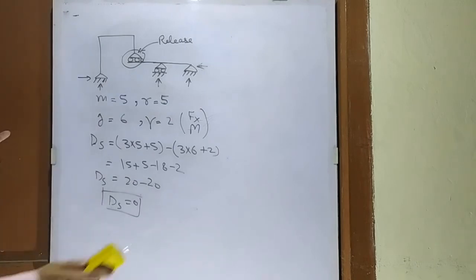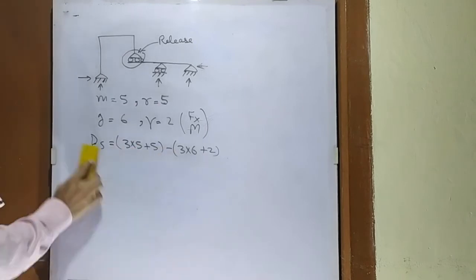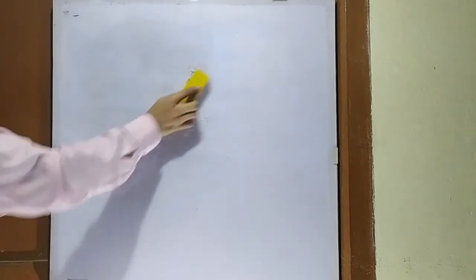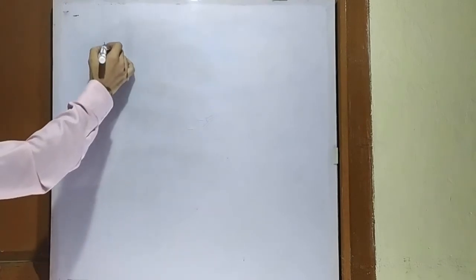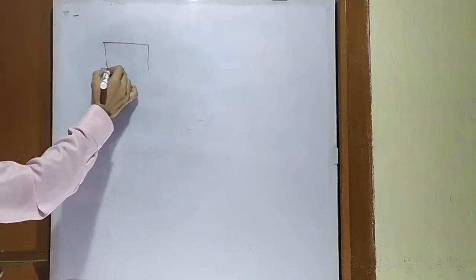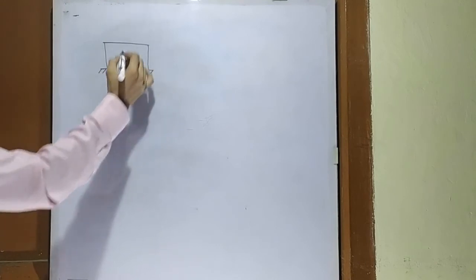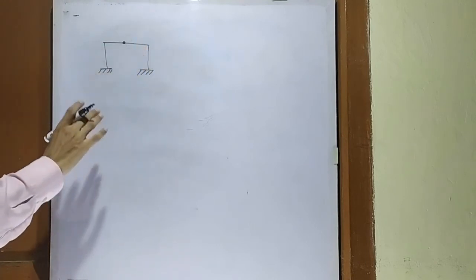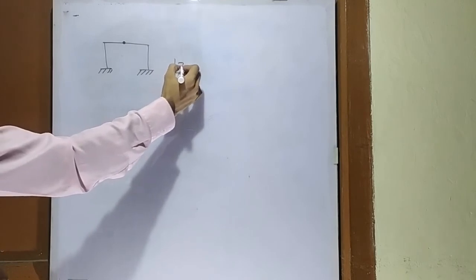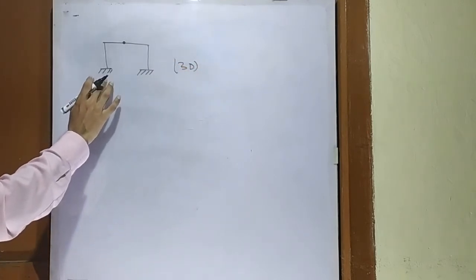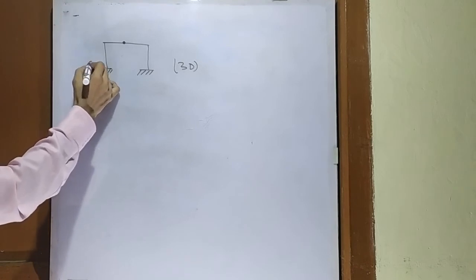Now we will take a very simple example of a 3D structure, because I want to illustrate a very simple concept. So let us take this example to understand how we will work out a problem in 3D. This is a very simple example, and this is a 3D frame. In 3D, at a fixed support the number of reactions is 6.